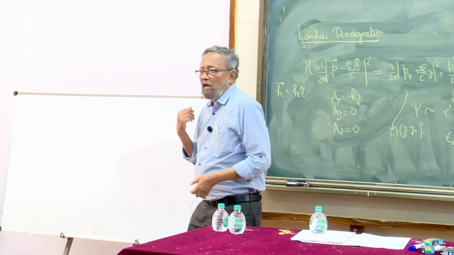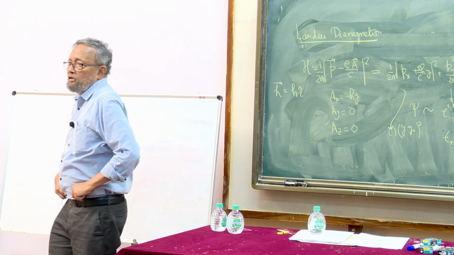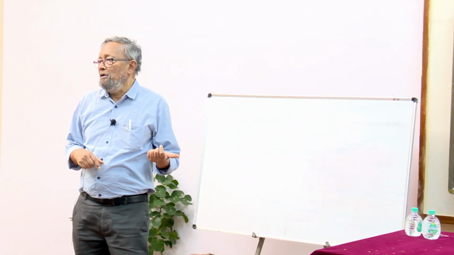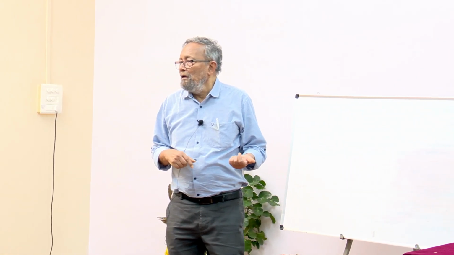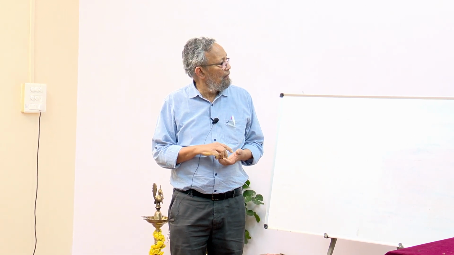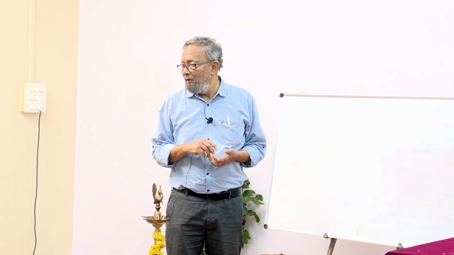And from that, if you want to calculate, you will see again the cyclotron orbits. Get the wave function for the harmonic oscillator. So these energy levels are something that we can observe. But then it shouldn't matter which gauge I choose. I should still have the same energy levels.